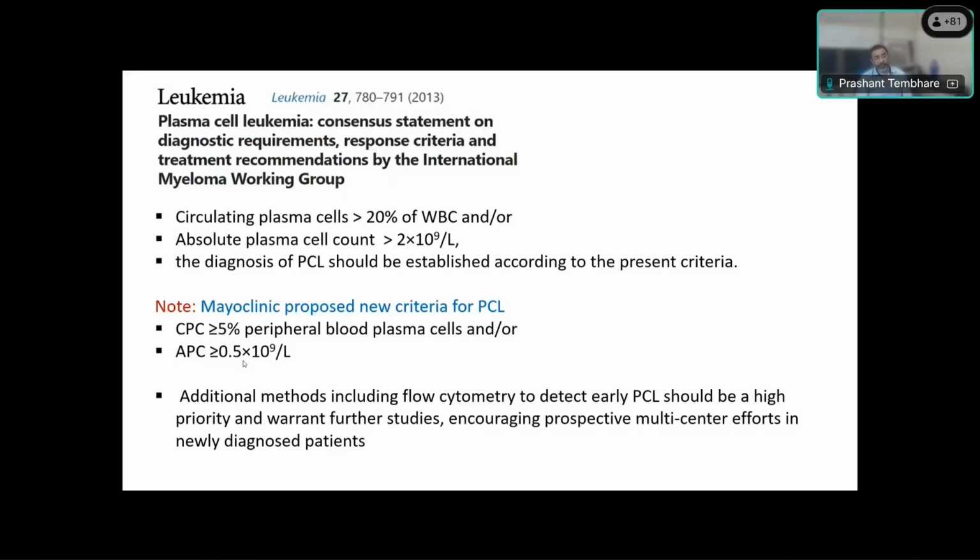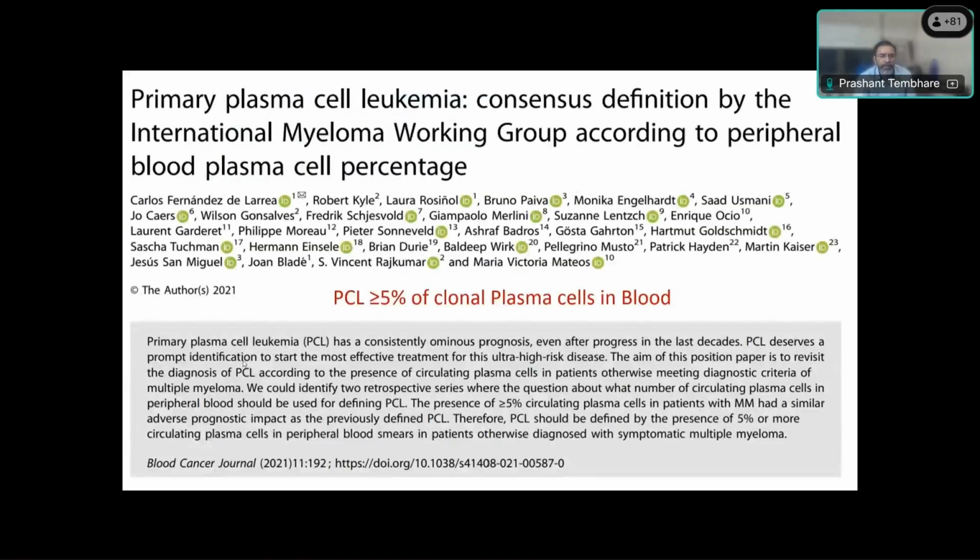So you have to confirm by using flow cytometry that these are abnormal clonal plasma cells. And this is the article I was talking about, published in Blood Cancer Journal in 2021 by the International Myeloma Working Group, which defines plasma cell leukemia using the 5% criteria.